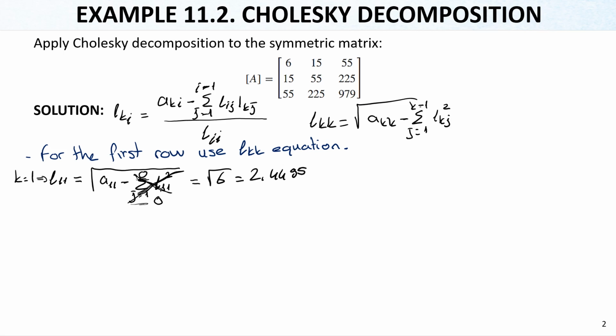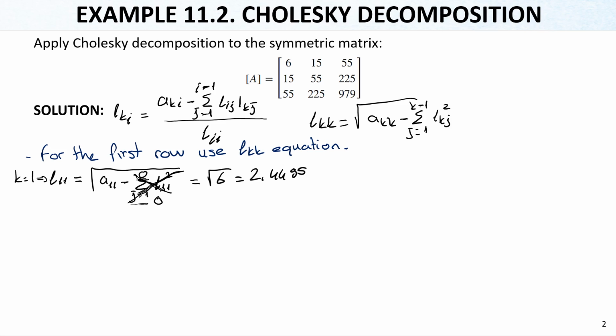Now we can go to the second row actually. Simply because the Cholesky decomposition will give us an L matrix, which is just a lower triangle. In the first row, we will only have one term, and it is this term, because this is a 3 by 3 matrix.